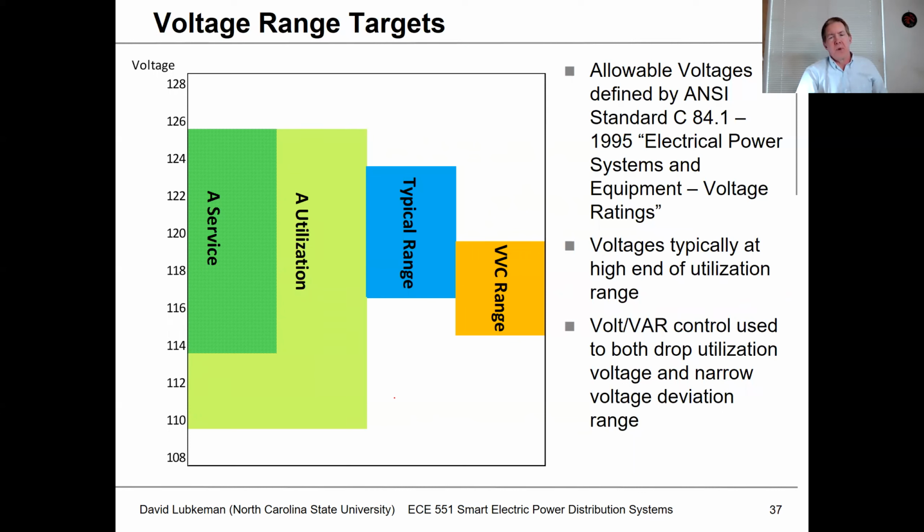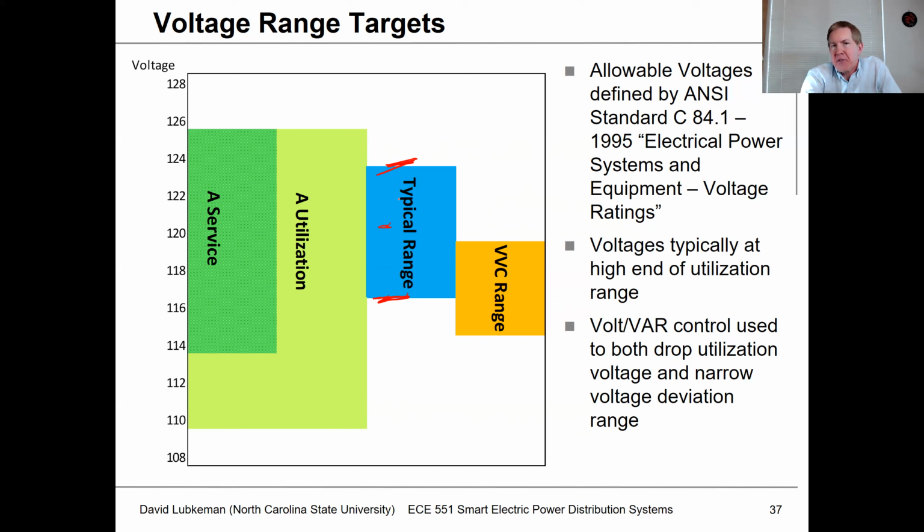So what we're doing, again, is if I took a regular feeder, probably the voltages would be in this range shown in blue, maybe on average. This is showing the average around 120 or higher than 120.